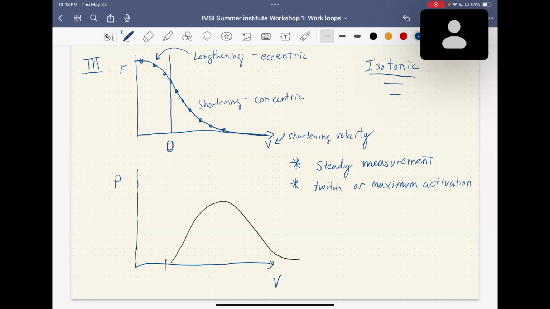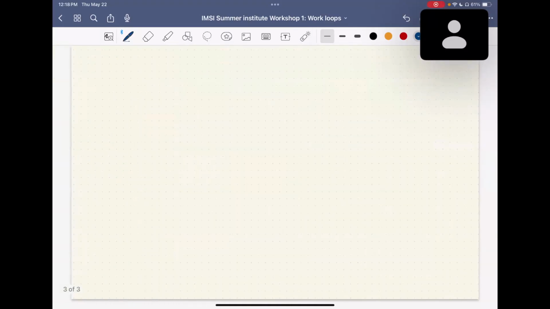The idea here is, instead of taking static measurements at different lengths, let's measure the force that the muscle produces as the muscle goes through some kind of trajectory of length change, like what would happen during a cyclical movement. To think about that, I want to pivot to a really simplified model.